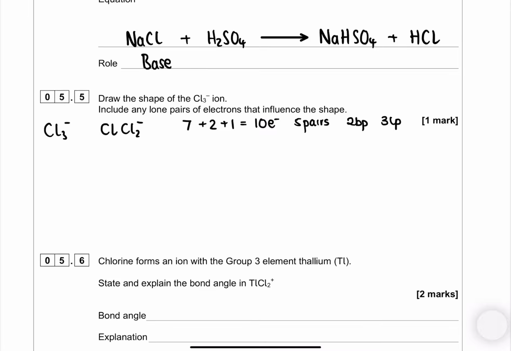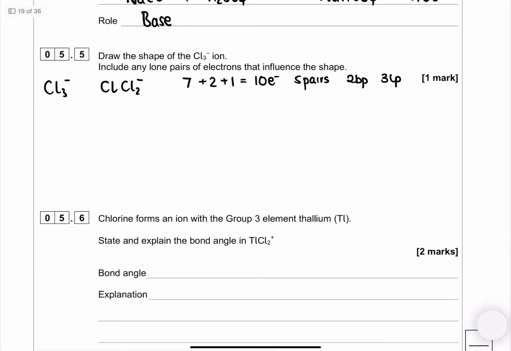Now, when I'm drawing this kind of shape, what I tend to do is use a pencil. I put my central atom and I think, what would 5 pairs do? So 5 pairs would do trigonal bipyramidal, but I've only got 2 bond pairs and I've got 3 lone pairs. Now, if I were to put 3 lone pairs like here, and here, we can't put them on sticks, but if I was to do that, they'd only be 90 degrees apart.